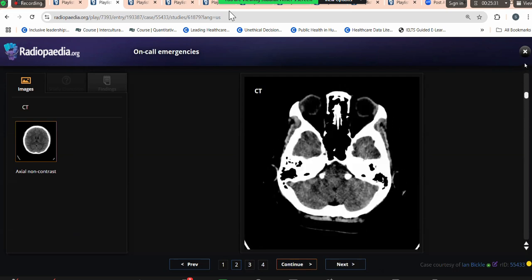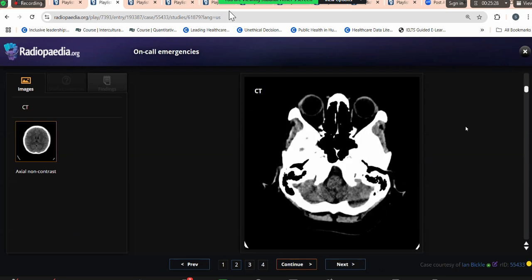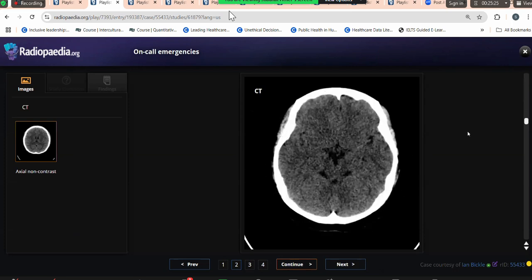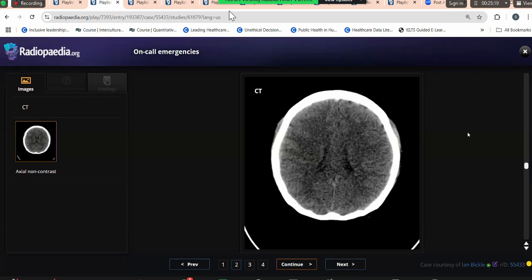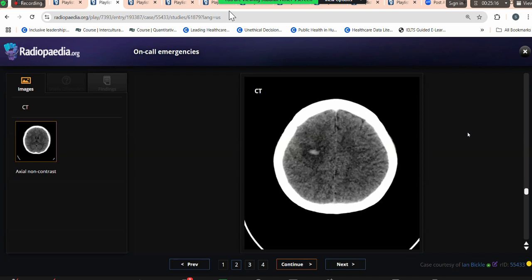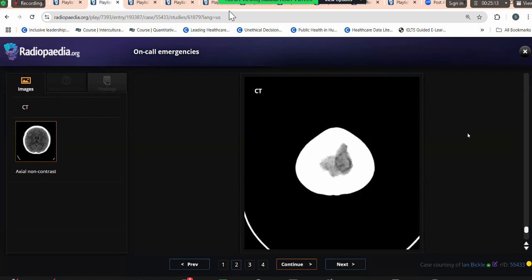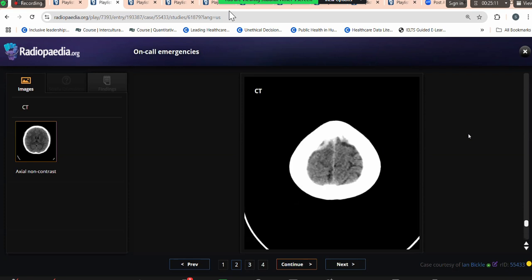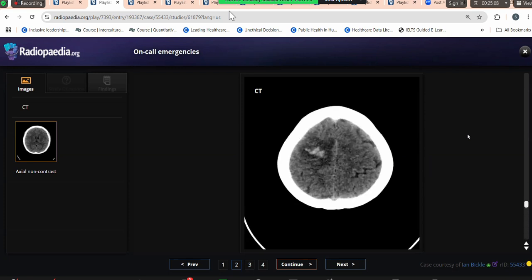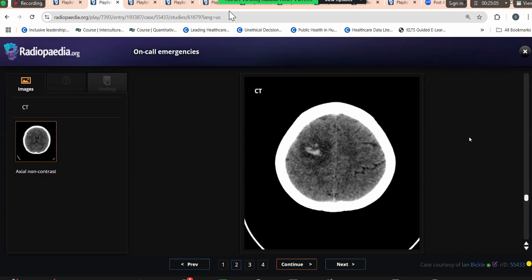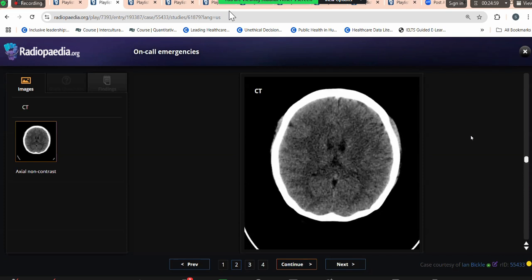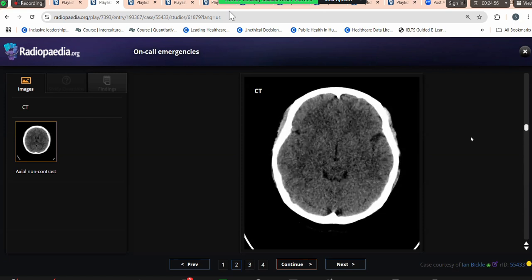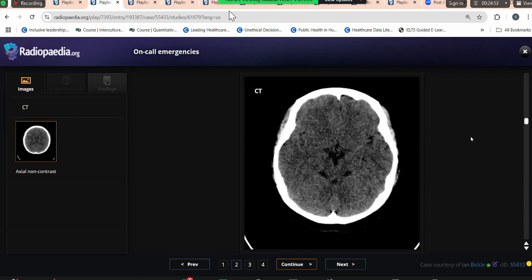I'm having a quick scroll through the CT brain images. So as I go through the images, I can appreciate that there is some hyperdensity noted within the right high parietal region in the intraparenchymal area with some hypodense edema surrounding it. Apart from that, I can also appreciate that there is sulcal effacement overlying the parietal lobes.